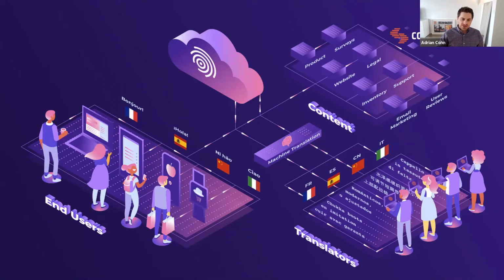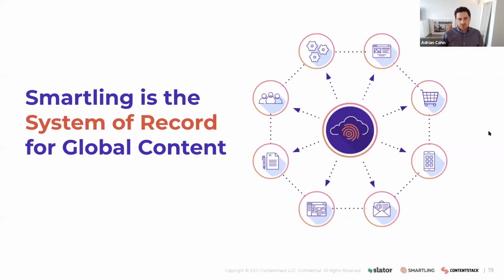So Smartling becomes, on the next slide, Christina, the system of record for global content. So we actually can integrate not only with Contentstack, but many different platforms that you may be using to enable your global end user experience. And we centralize your content, not just your translations, but the entire process surrounding human and machine translation.